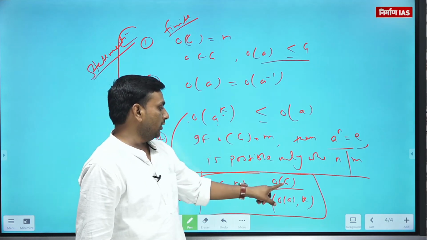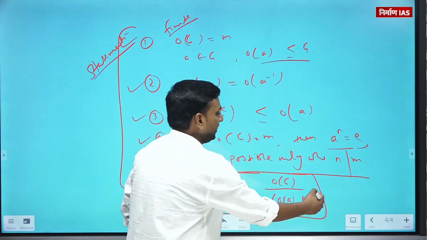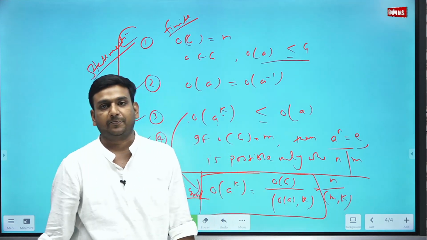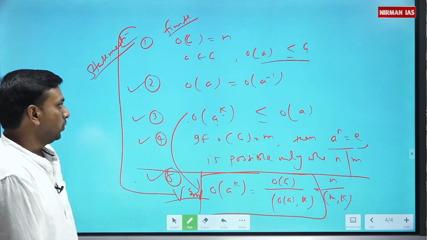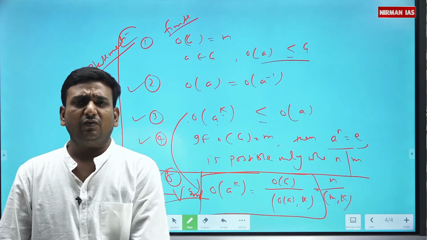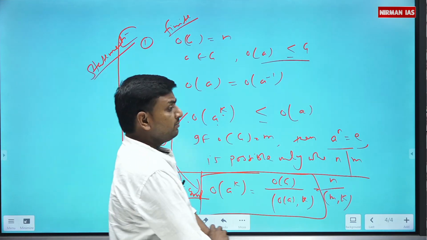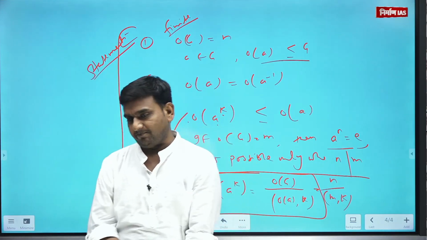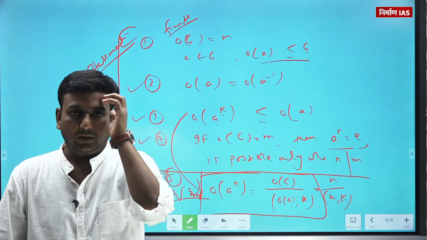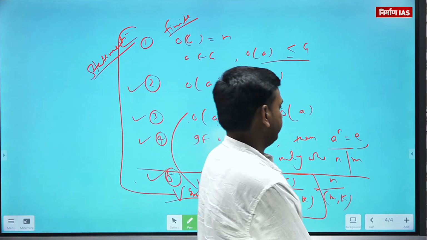So if the order of a is m, then obviously it will be m upon GCD of m and k. You need to use all these statements for proving. The proof takes just one minute, using the division algorithm and simple definitions. Is that clear to you guys? Fine. What am I going to do now?